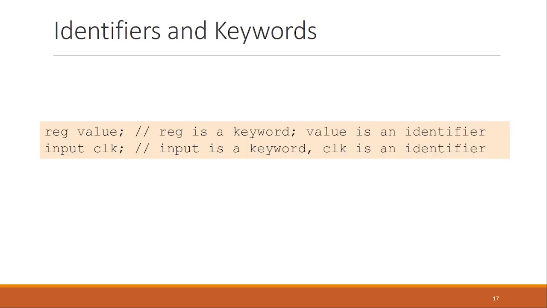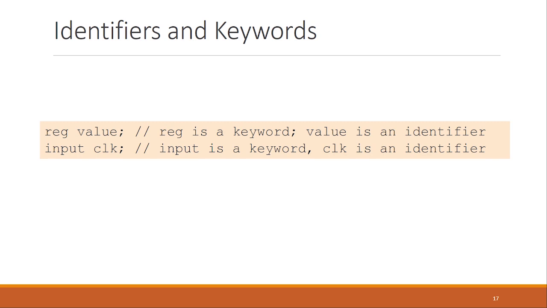Here you can see two examples about identifiers and keywords. The first line of code is reg value. There, reg is a keyword. This keyword you have not seen in C because these keywords are specific to Verilog. And the second one is input CLK, or input clock.